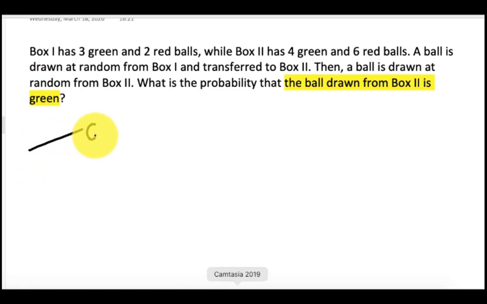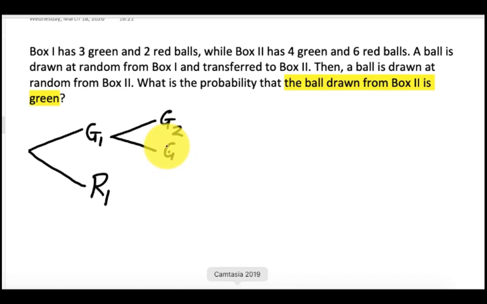Suppose that G1 is the event that the first chosen ball is green, and R1 is the event that the first chosen ball is red. And then G2 is the event that the second chosen ball is green, otherwise it is red. And then G2 and R2.